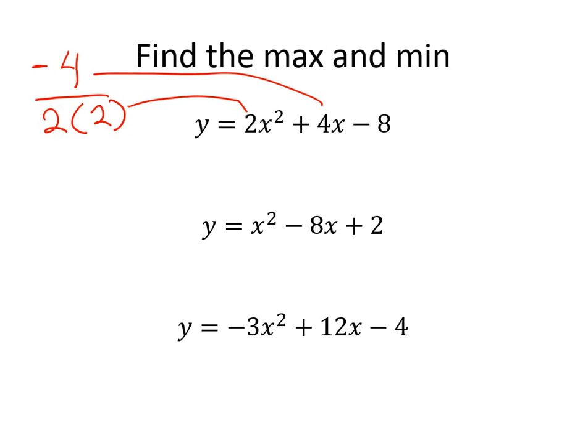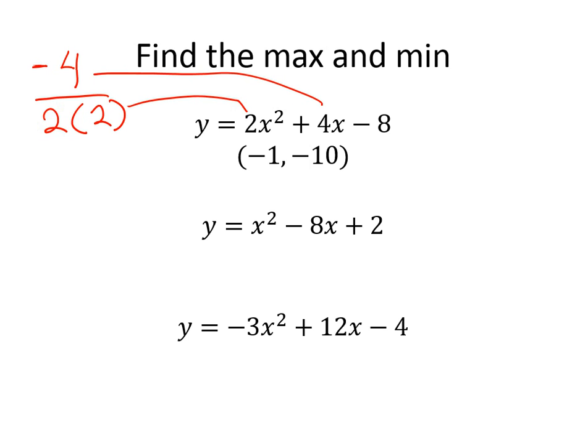We get negative 4 over 4, which is negative 1. So our number is negative 1, and then we plug negative 1 back into our function. We get 2 minus 4 minus 8, which gets us negative 10. So our vertex, our turning point, our maximum or minimum, is located at negative 1, negative 10.